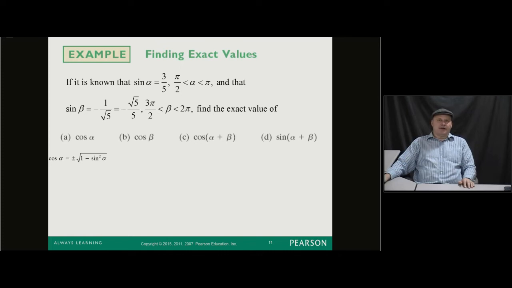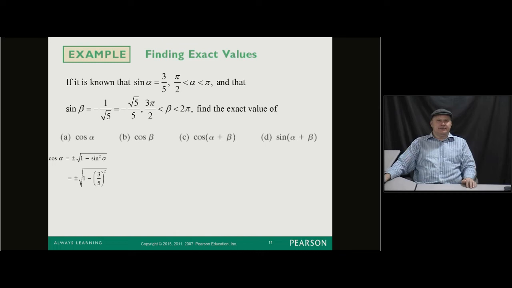But look at the formula. Cosine of alpha is equal to plus or minus the square root of 1 minus the sine squared of alpha. Now, I'll carry the plus or minus down with me, but I know it's negative because it's in the second quadrant. So sine of alpha was given to me as 3/5. So I square the 3/5 because it's the square root of 1 minus the sine squared of alpha.